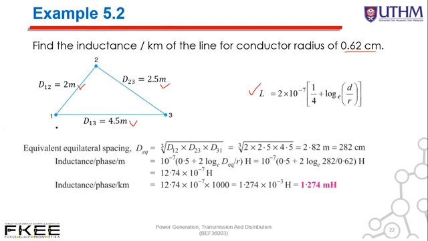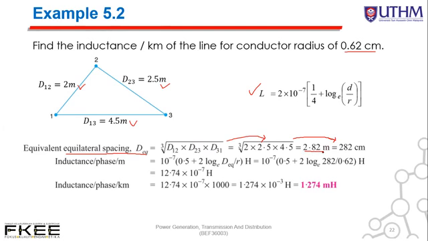Because the distances are not the same, we use the equilateral spacing formula DEQ, that is the cube root of D12 times D23 times D31. We convert the values, and we find that the equivalent distance is 282 cm or 2.82 meter.